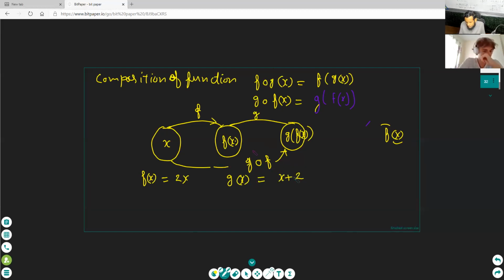Find f of g of x, and also find g of f of x. Clear?